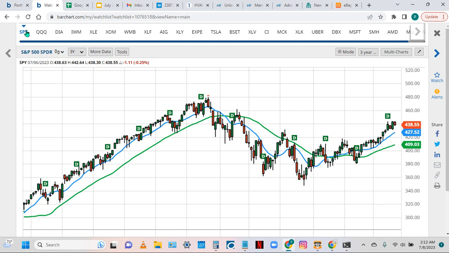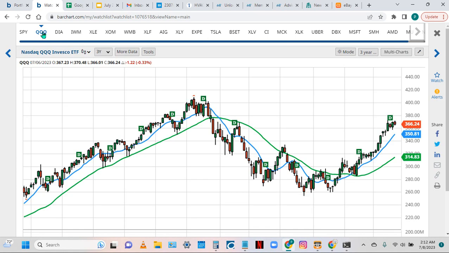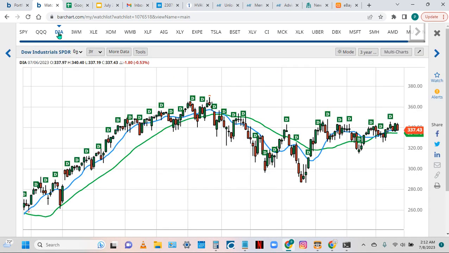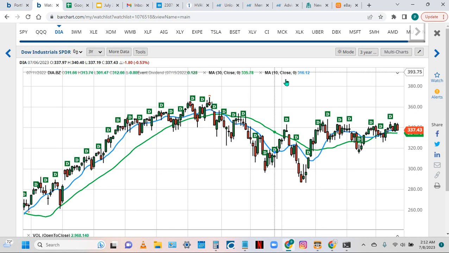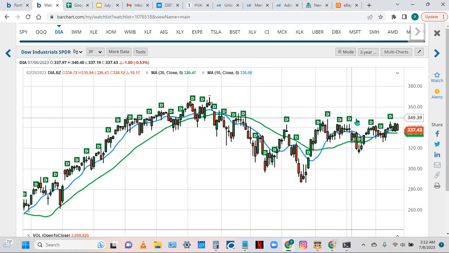So again, as a review, the SPY has been relatively strong, but with slowing momentum this last week. The Q's are the strongest market this year, again, but with slowing momentum this week. Diamonds are kind of in between. It's forming a little bit of a wedge at this resistance. There's a lot of resistance in the diamonds at the 345 area.